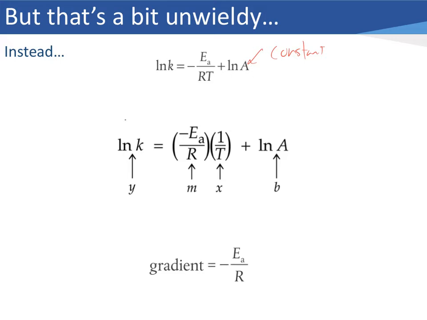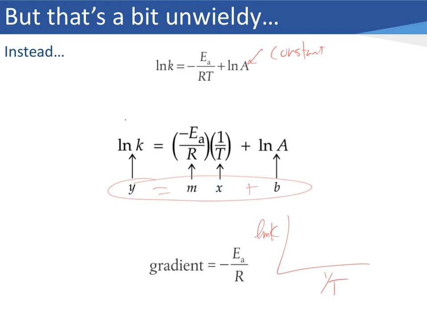So I have essentially y equals mx plus b, where y is the natural log of k, the slope is the negative activation energy divided by R, x is 1 over temperature, and the y-intercept is the natural log of A. So that means if I'm going to draw a graph, natural log of k is the y-axis, and 1 over temperature is the x-axis.